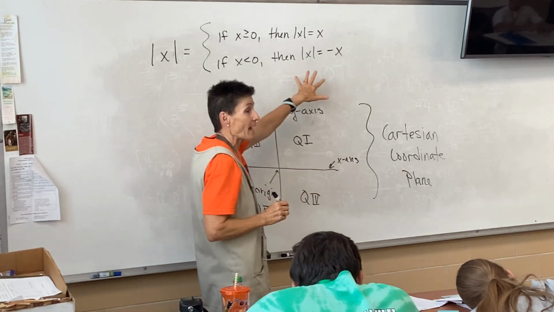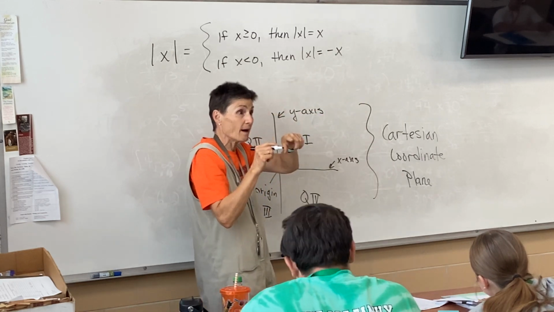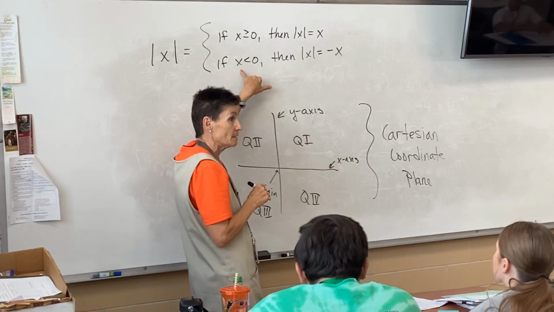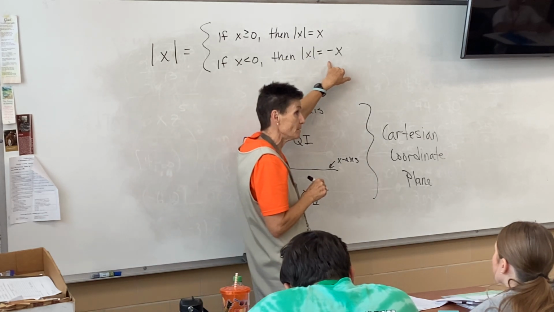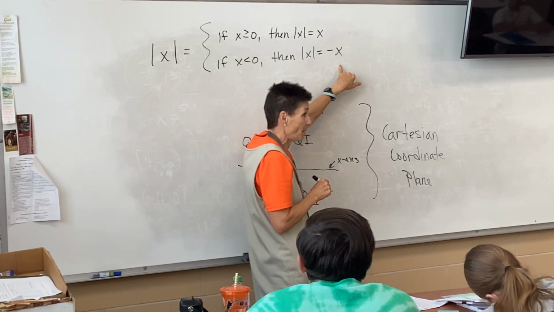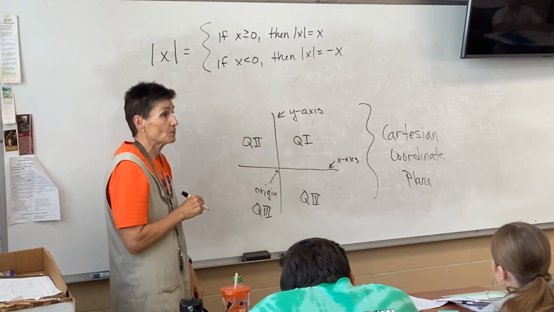Now when I write that, that always freaks people out because absolute value is positive. Yeah, it is positive because x is a negative number. And if x is a negative number, then the opposite of it will be a positive number. That's the definition of absolute value.